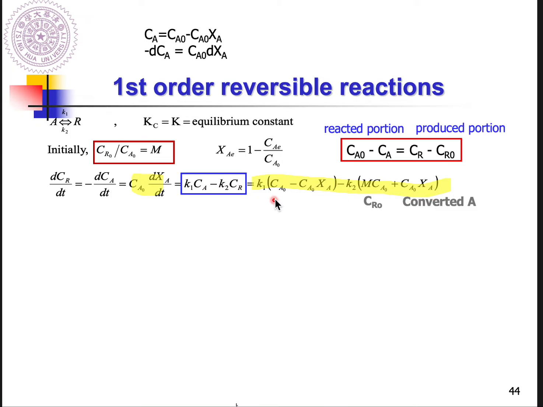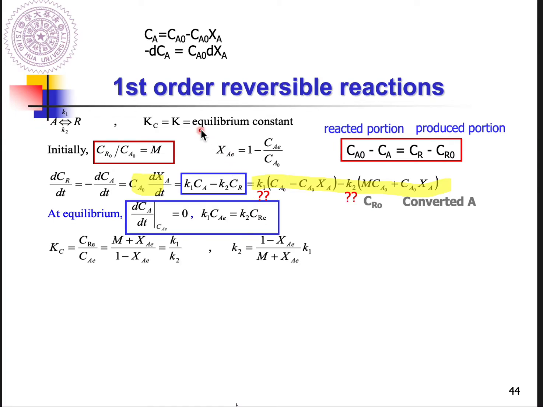But inside here we still don't know two important parameters, K1 and K2. So how to get them? By using the equilibrium conditions. What does equilibrium mean? It means how much A converted to R equals how much R converted to A. So dCa over dt does not change over time, right? The concentration of Ca does not change with time.